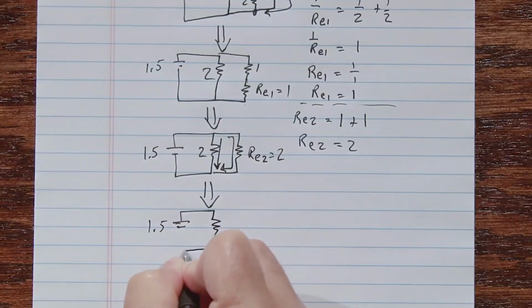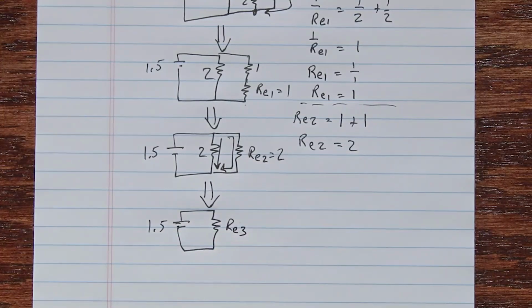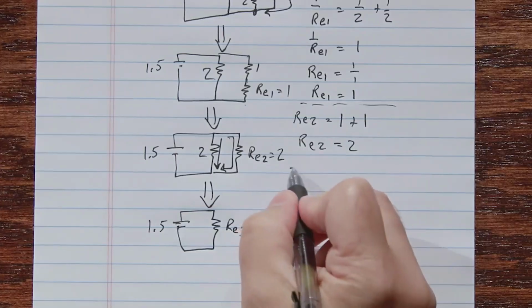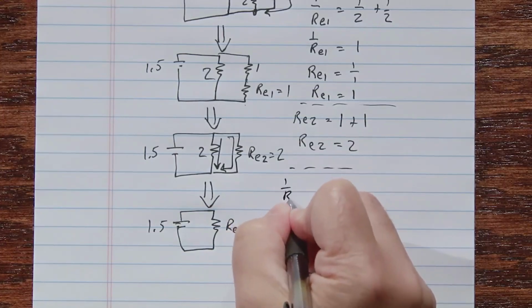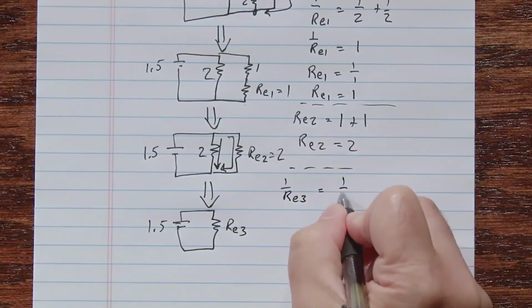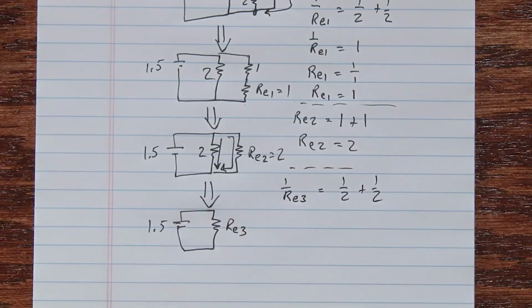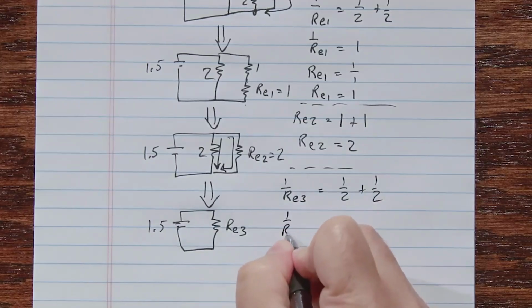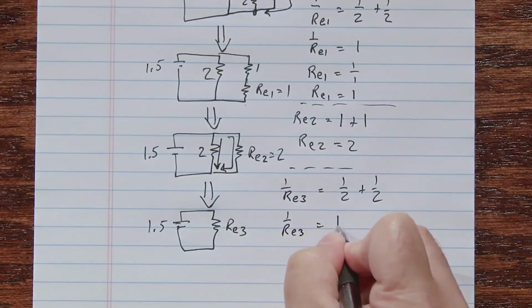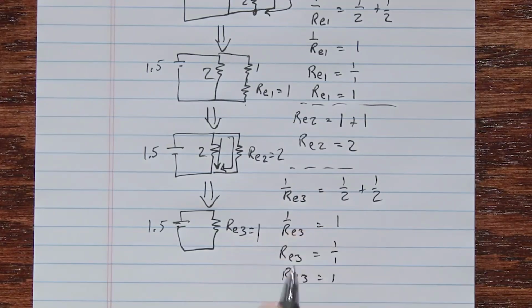We'll replace with R equivalent 3, where 1 over R equivalent 3 is equal to 1 over 2 plus 1 over 2, because these are each 2 ohm resistors, or 1 over R equivalent 3 is equal to 1, or R equivalent 3 is 1 over 1, or R equivalent 3 is 1.